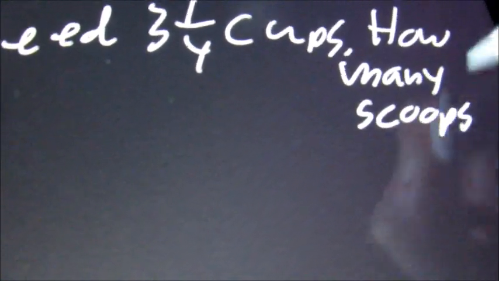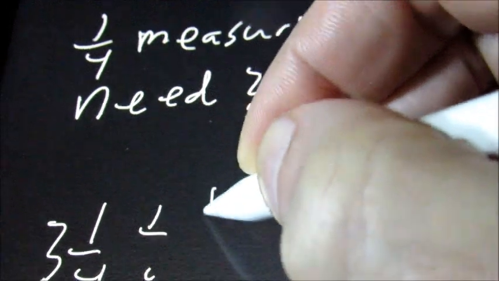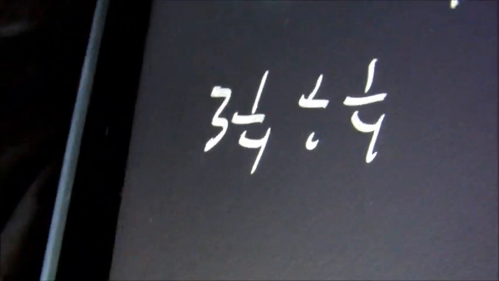So how many scoops are we going to have? So we need 3 1/4, and each one of them is worth 1/4. So we're going to divide 3 1/4 divided by 1/4.